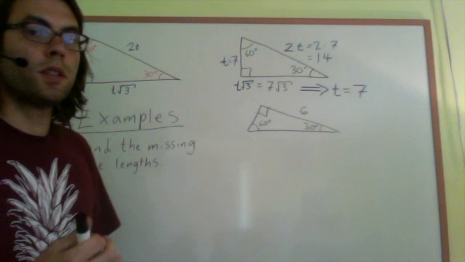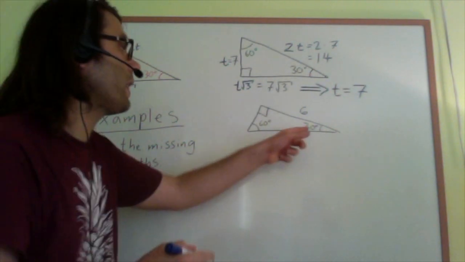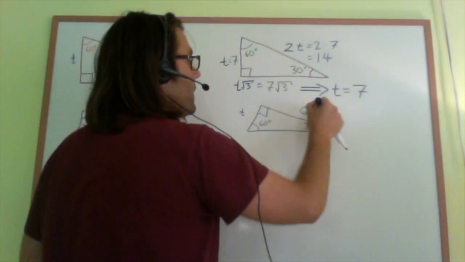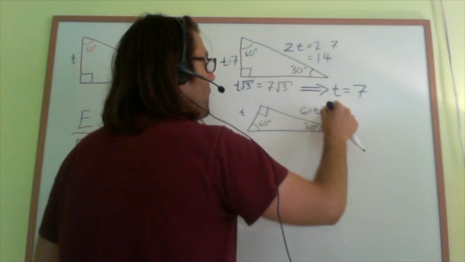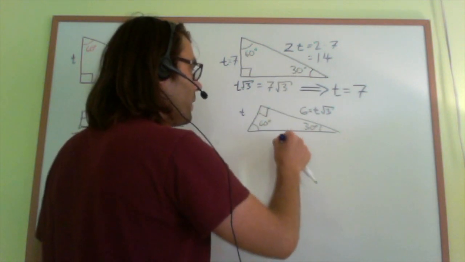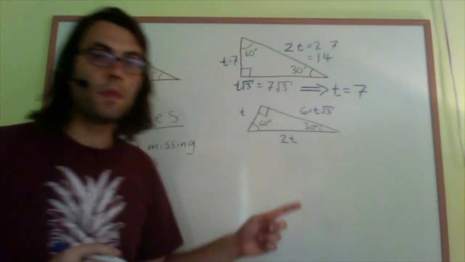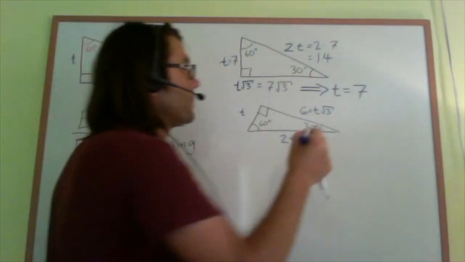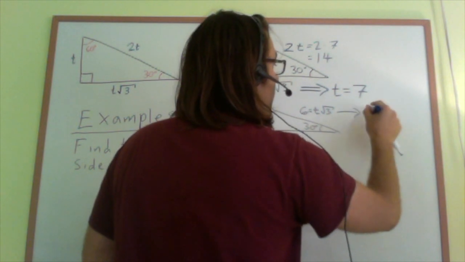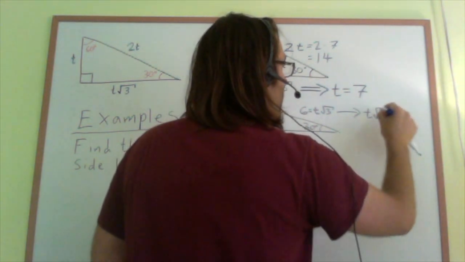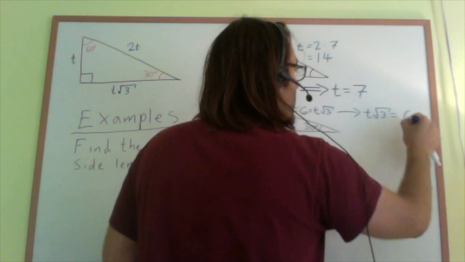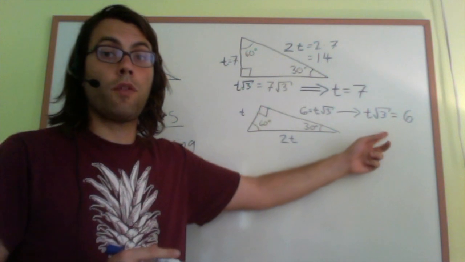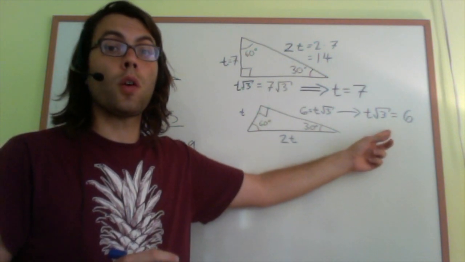Okay, so we know that the side opposite 30 degrees is supposed to be t. This is t root 3, and this is 2t. So what we need to do here is solve this for t. So we have t root 3 equal to 6. And of course, the first step to solving this for t is dividing both sides by root 3.